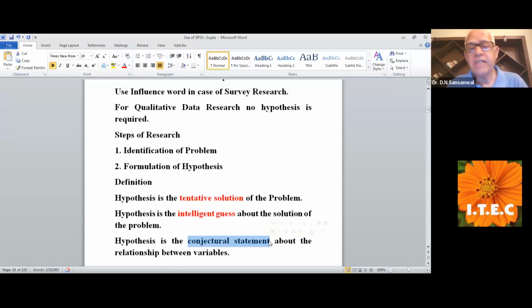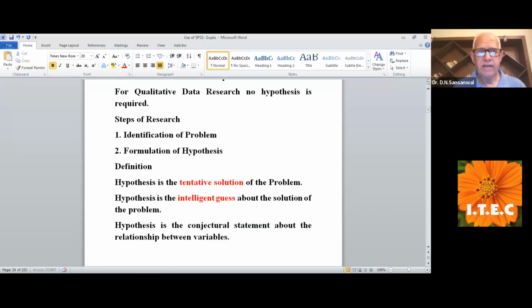Now that means it's not final. And in order to make it final, you have to have the data and then you have to test it. And for testing, you need a statistical technique.